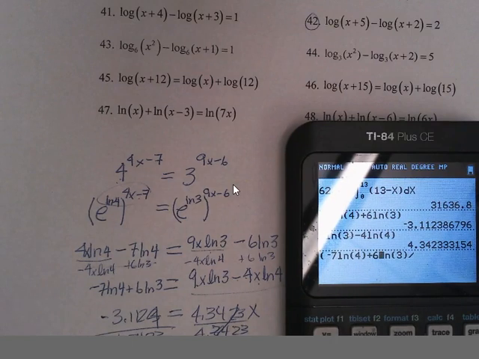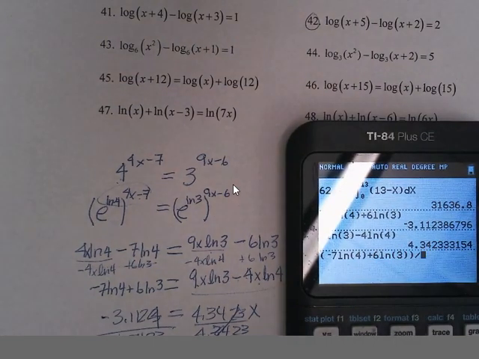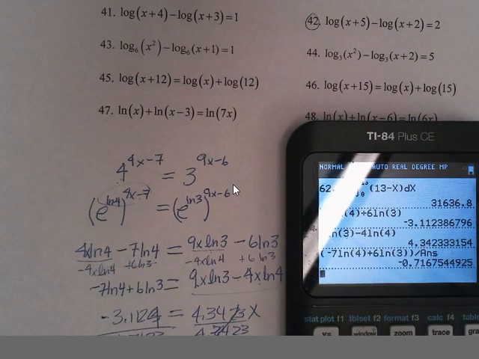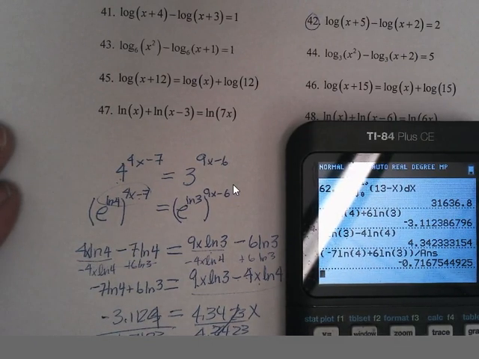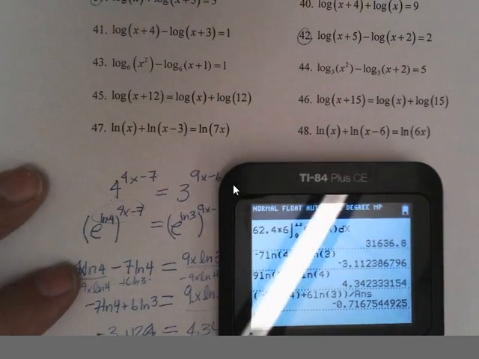This is my answer for this side, the 3 point whatever, divided by my answer there, and I get x has to be 0.71675.